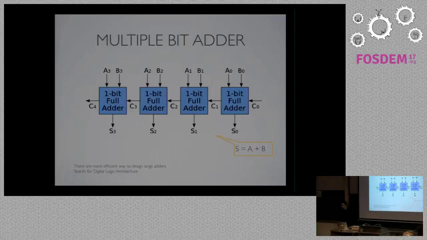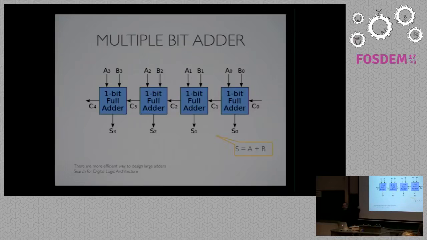And here you have a 4-bit adder. And if you want a 32-bit adder, you can just replicate this scheme several times. So you have inputs A and input B, the sum, and at the end, a carry that you can ignore. This is how you do a summation, an addition in hardware.